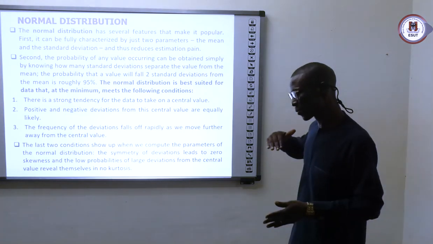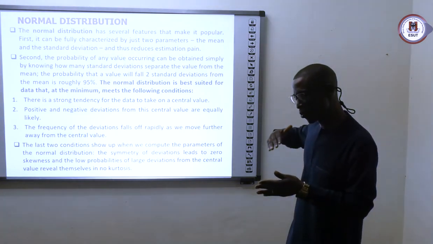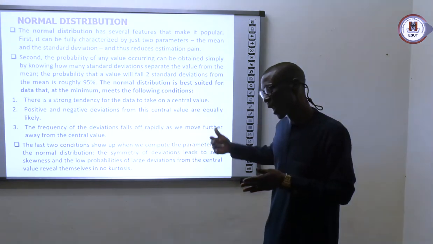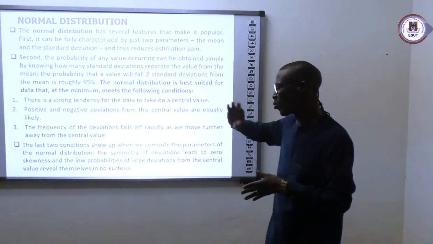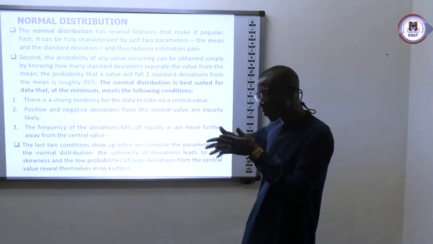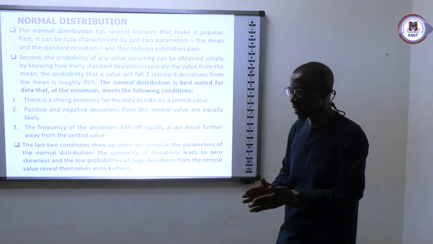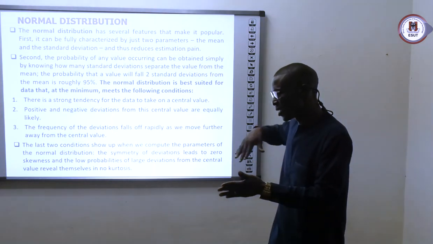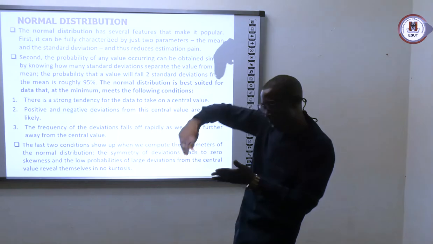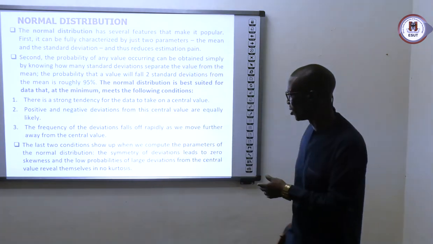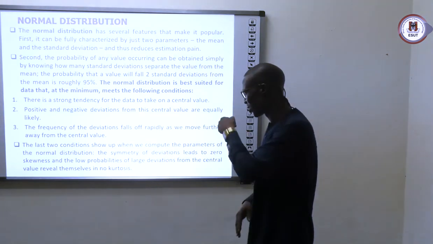Even when the value moves out of the mean, it won't last long before it comes back. So the period of decay must be rapid, must be fast. So whenever the data moves out of the mean, it must come back quickly to the mean. These are some of the conditions.